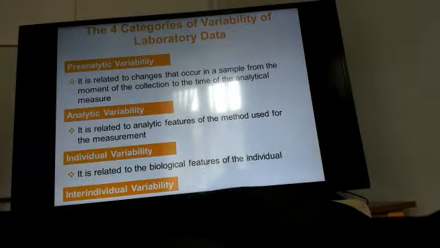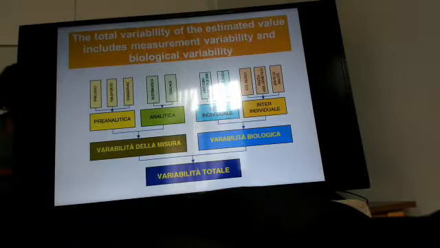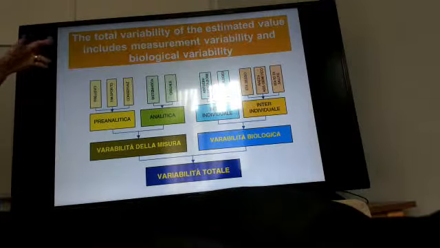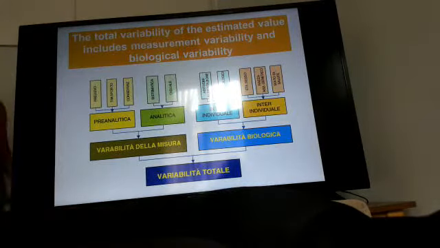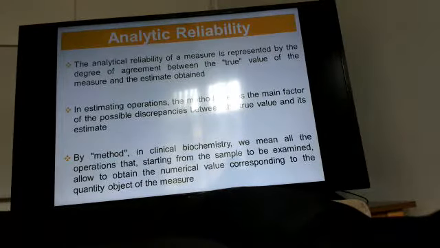This is my own variability related to my own factors. Inter-individual variability is the difference that occurs between different subjects. So we measure altogether our glucose level, and we will get different values just because we are different. Okay? So we are not the same, and that's all. So total variability of a test depends on these two factors: technical variability and biological variability.